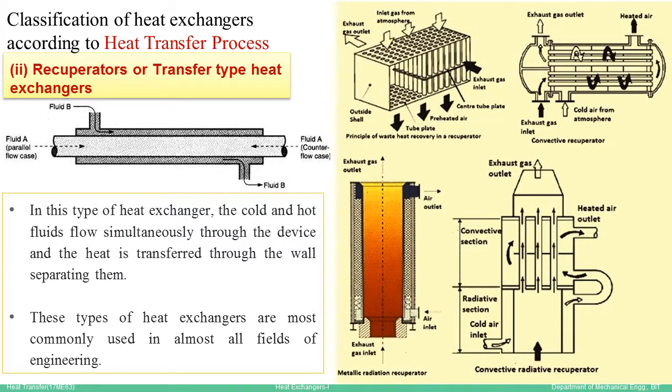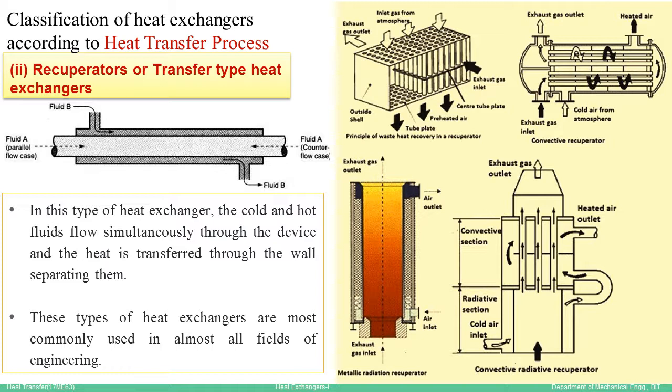There is quite a big list here. In the case of a waste heat recovery heat exchanger or recuperator, there is an exchange of heat between the waste gases and air, and the arrangement types can be different.